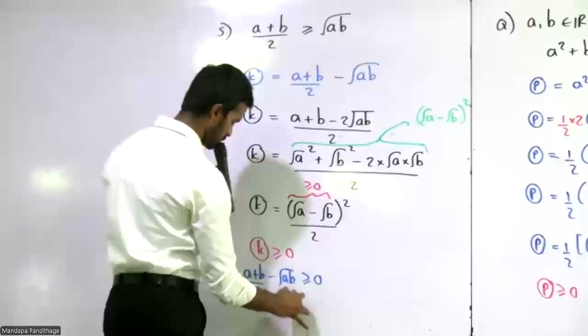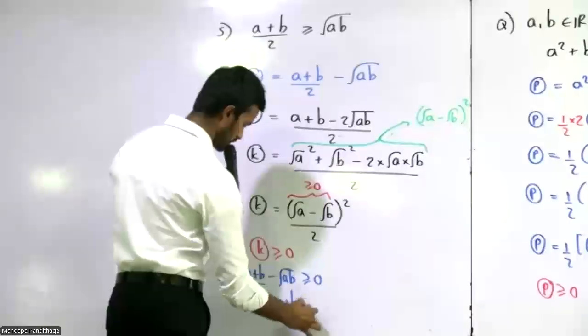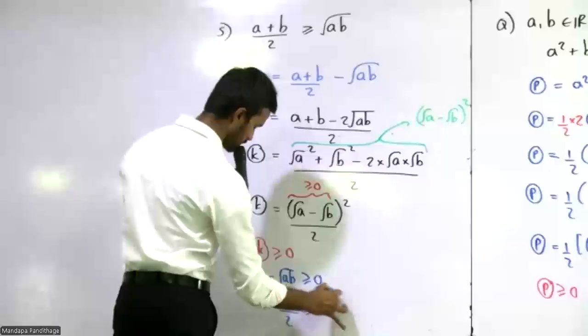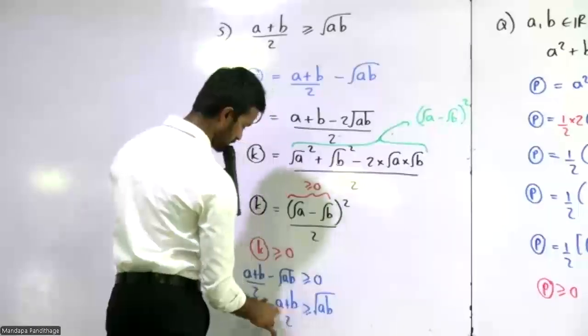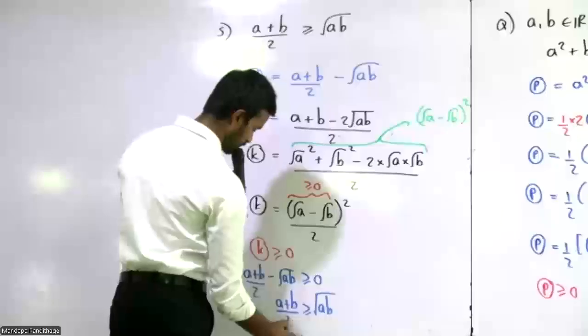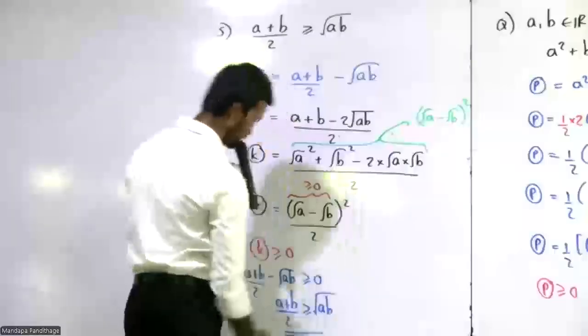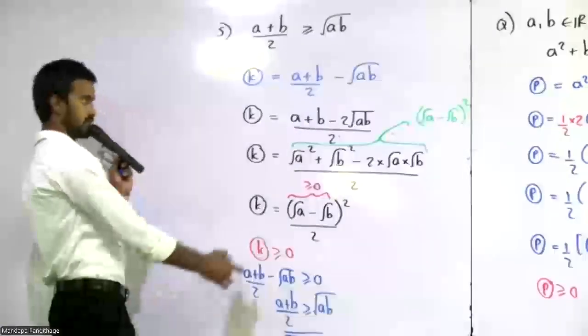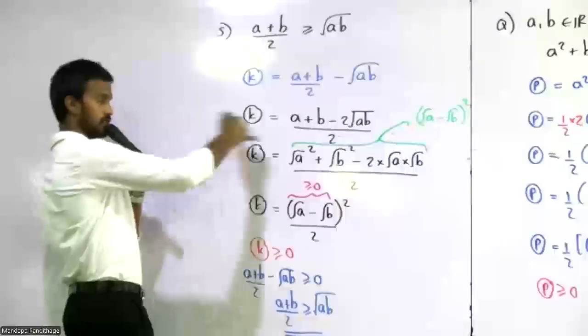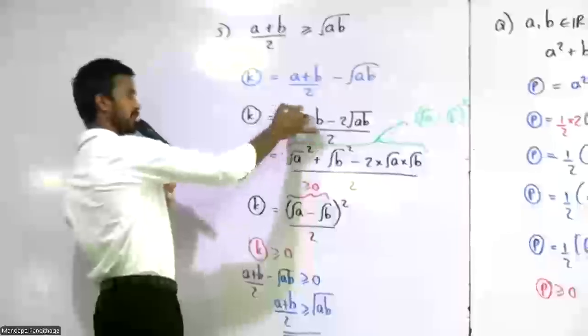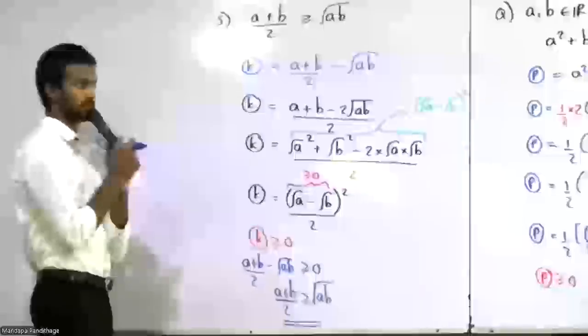Then I get a plus b over 2 is greater or equal to root ab. Clear? So that is how you do it. A good question, where you have to think of a way to write this as a square term. Clear?